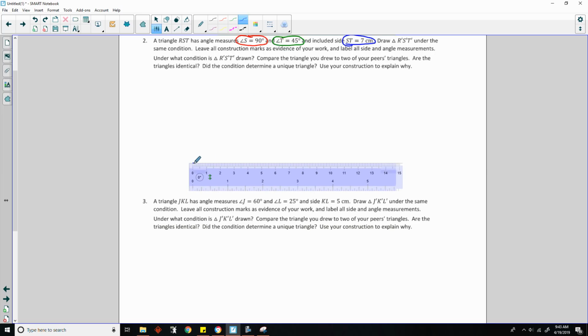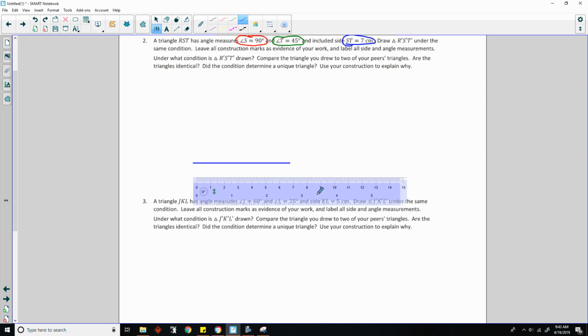So I put my pencil here, and I draw out to 7, and that's pretty close, so I'll just leave it, 7 cm, and that is S prime, and this is T prime right here. If you want to put a dot at the end, I guess that's okay. All right, so there's my line segment ST, length 7 centimeters.